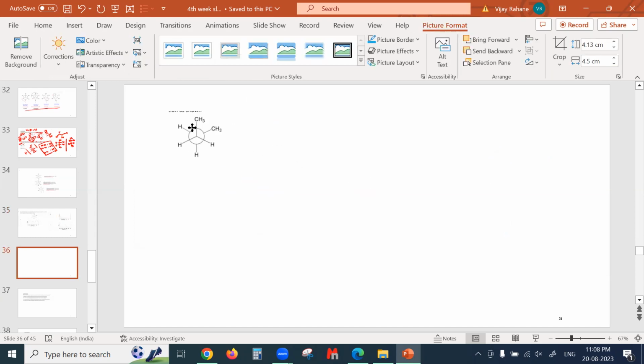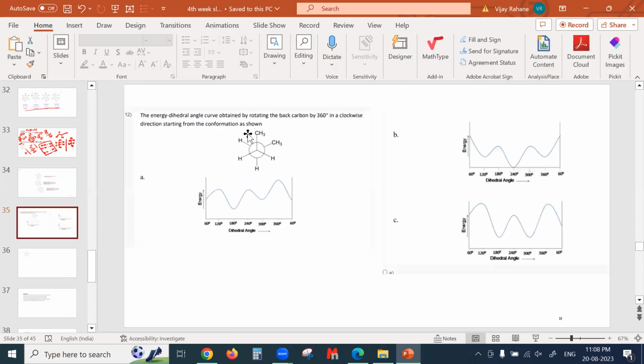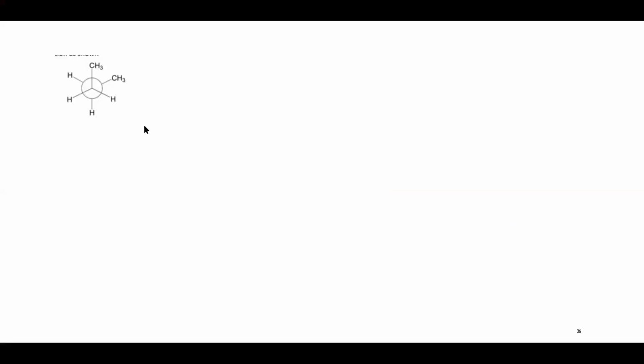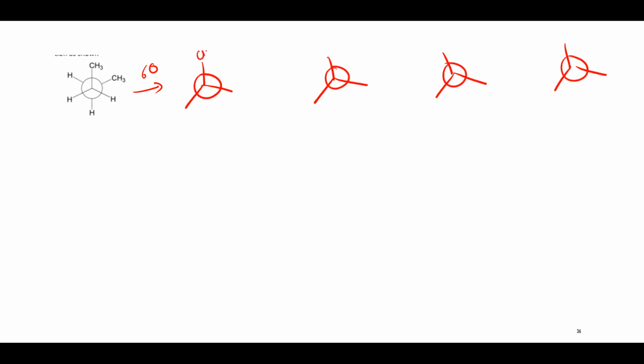See, this is the structure of the molecule, and we have to rotate the back carbon atom by 360 degrees clockwise. We just need to rotate this carbon atom by 360 degrees step by step, 60 degrees each step. This is the methyl group.